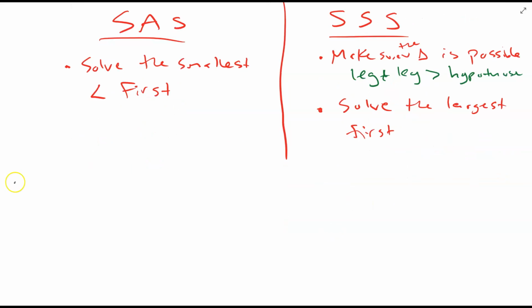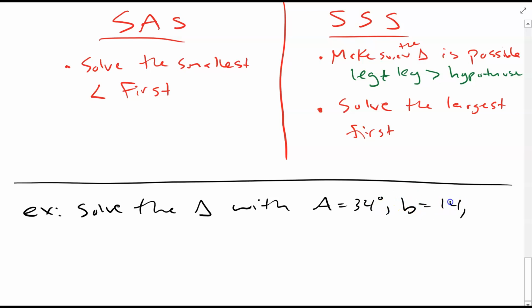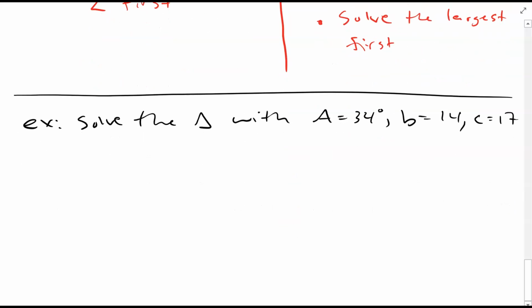So let's do a couple of examples here. Our first problem, we're going to solve the triangle with angle A being 34 degrees, angle B equals 14 degrees, and angle C is equal to 17 degrees.